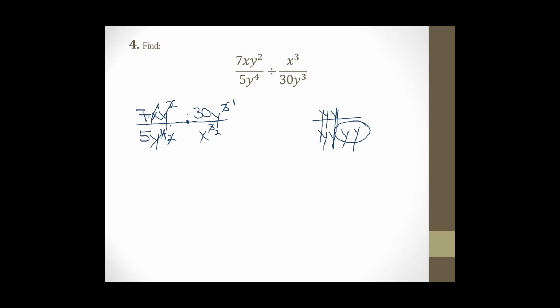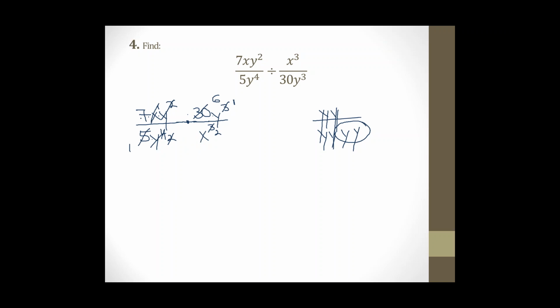I can do the same thing with the numbers and check if there's anything I can take out. For example, I notice that 5 goes into 30. So I can take out a 5 from 30. 5 goes into 5 one time, and 5 goes into 30 6 times. There's nothing else I can cancel out. Now I just need to put everything back together.